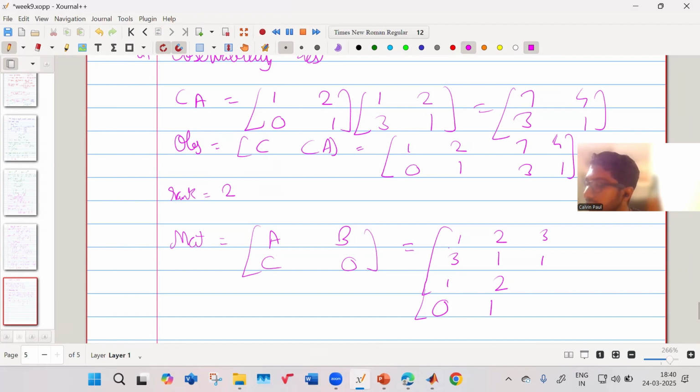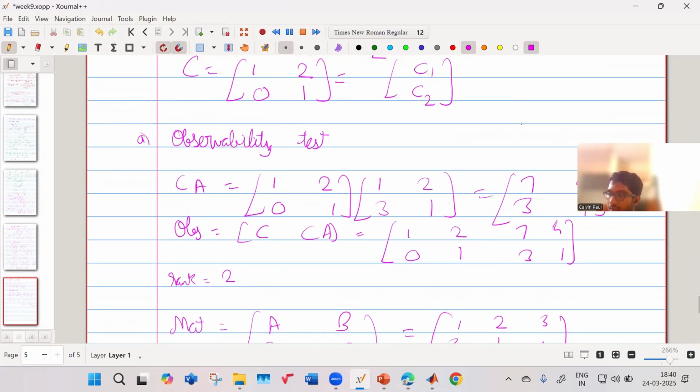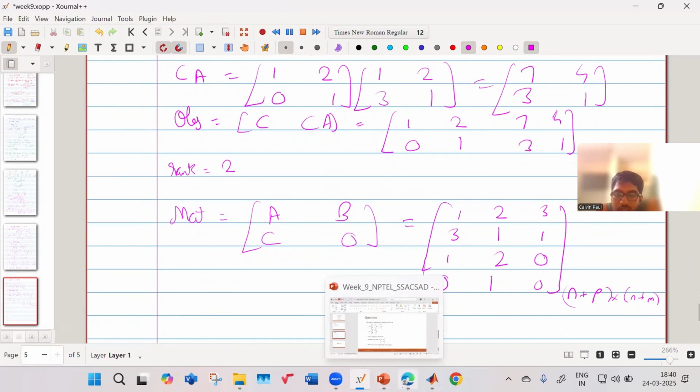So this has n plus p rows and n plus m columns. Okay, so here I have this given over here.